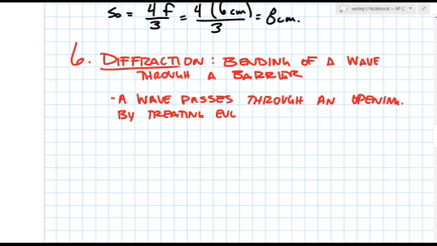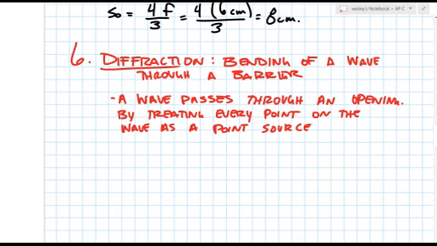By treating every point on the wave as a point source, only points near the barrier pass through.